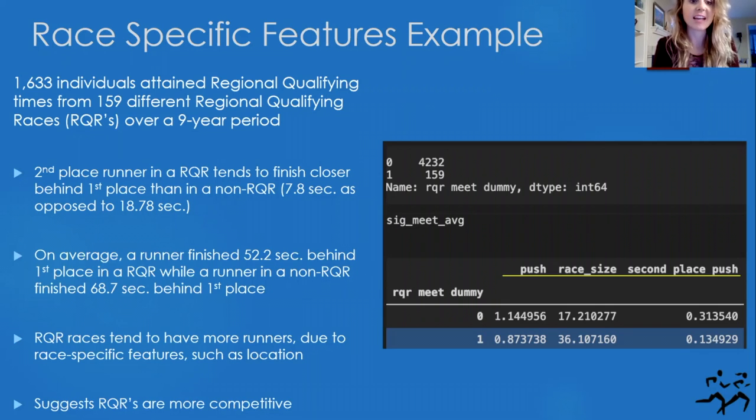I discovered that the second place runner in a regional qualifying race tends to finish closer behind a first place runner than in a non-regional qualifying race. All of my findings suggested that the regional qualifying races are just overall more competitive, which makes sense because we all know that surrounding ourselves with people who are better than us tends to bring out our very own best.